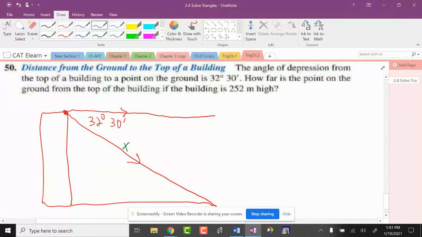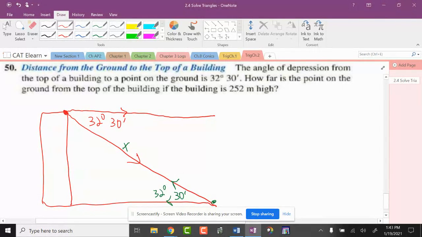So this is what we're finding, the direct distance from the top of the building to the point on the ground. By the way, if I was looking up to the top of the building, then this would also be 32 degrees, 30 minutes. If that could help you and save you something just to get this angle of depression correct, so I get more people on board on this.